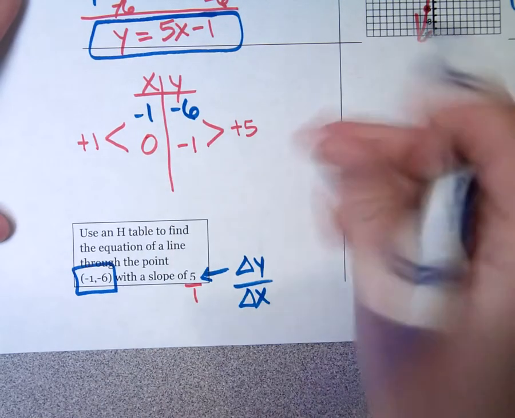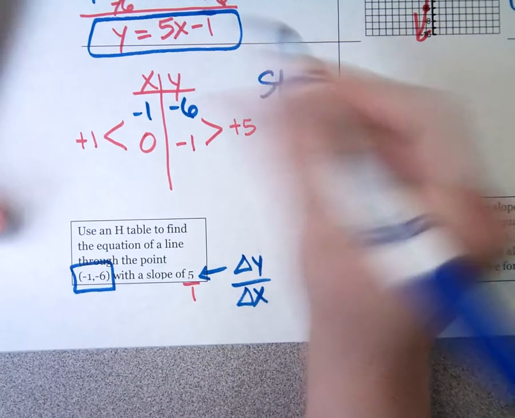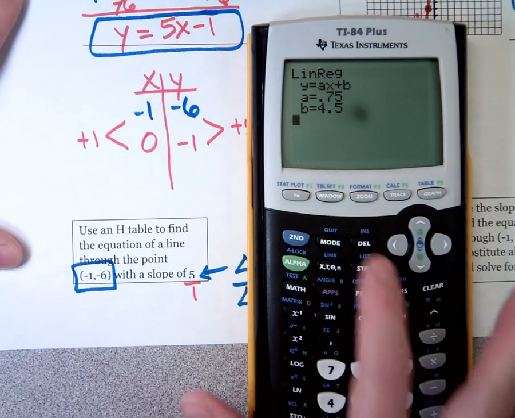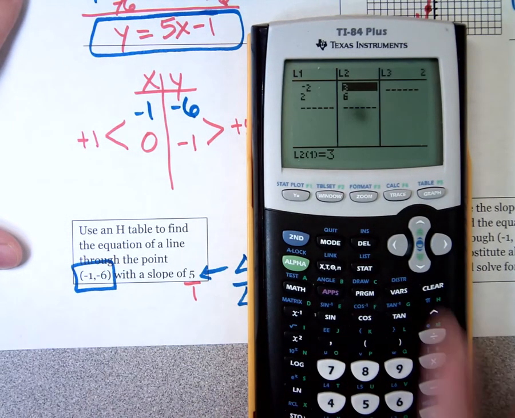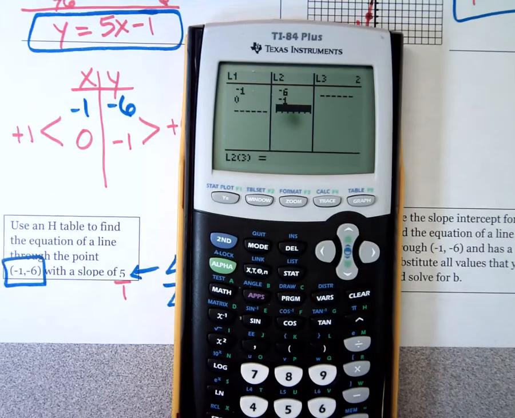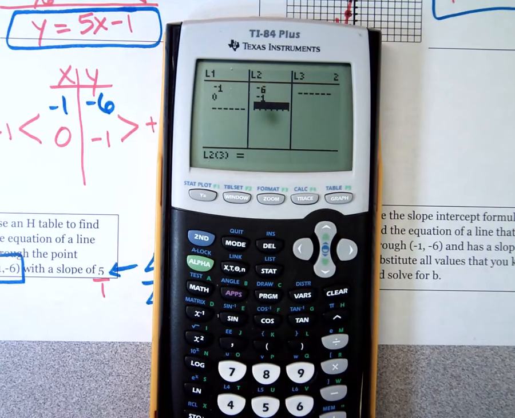0. Okay, so now I just want to practice the stat button. So I know you guys already know the answer, but I don't care. I just want to go to the stat button, and I want to put these numbers in and see if we get what we're supposed to. So negative 1, 0, negative 6, negative 1.